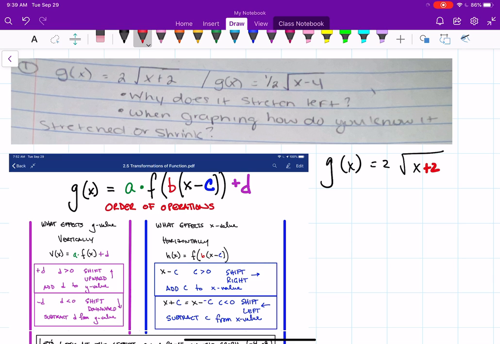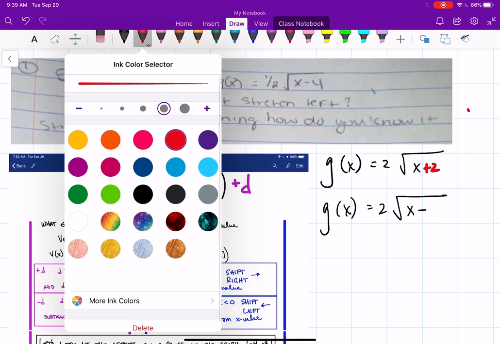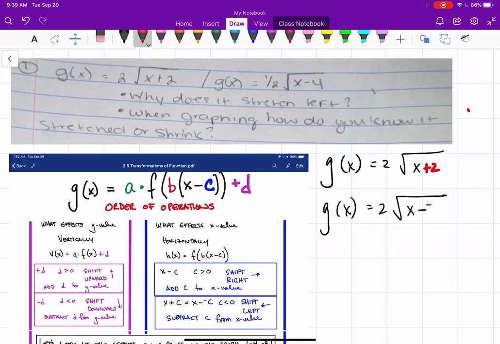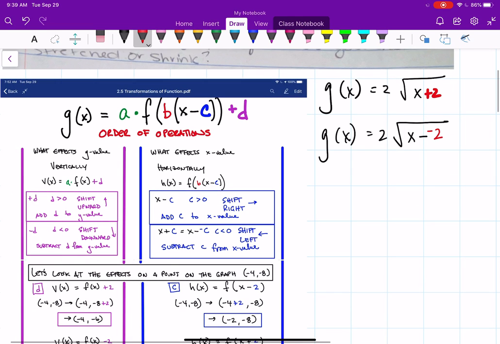So really what it's saying is g of x is equal to 2 square root of x minus a negative 2, okay? So that is telling me that I'm shifting left 2, okay?